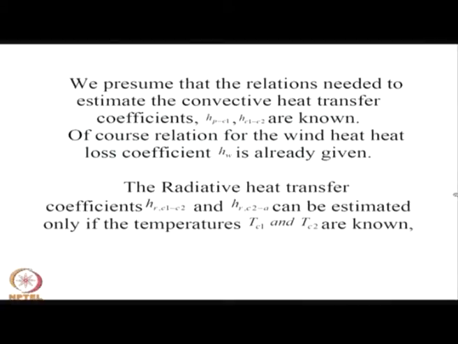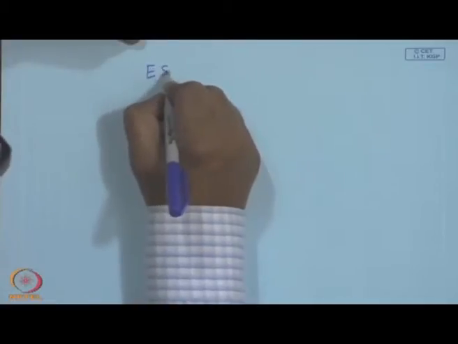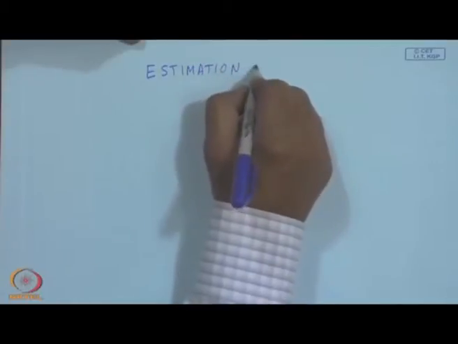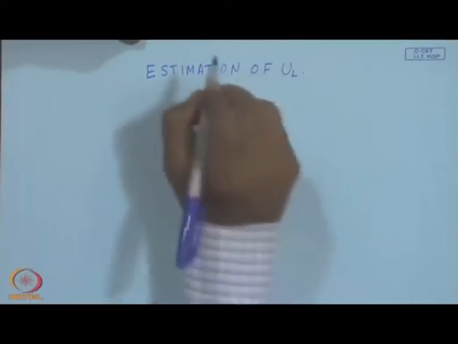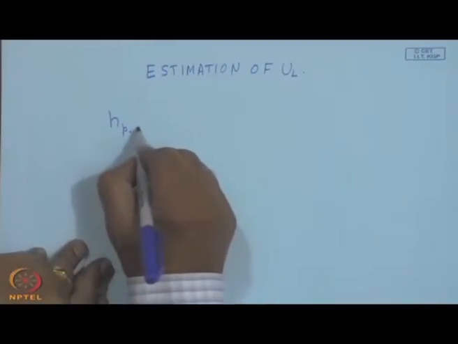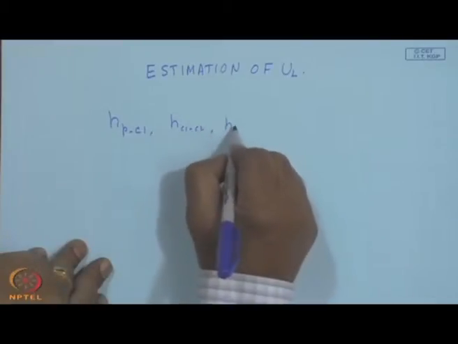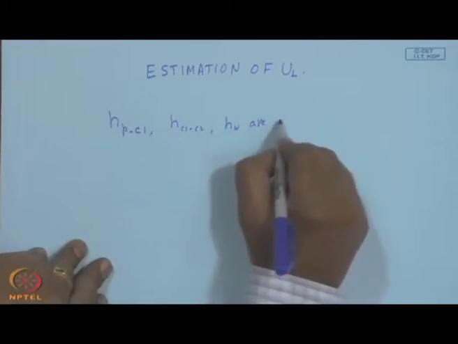So, how do we estimate now U L? The idea is you need R 1, R 2, R 3, R 4. R 4 is simple, it is L by K. So, we shall want to estimate this U L. Now, the convective heat transfer coefficient H p to C 1, H c 1 to C 2, and of course, H w are known.